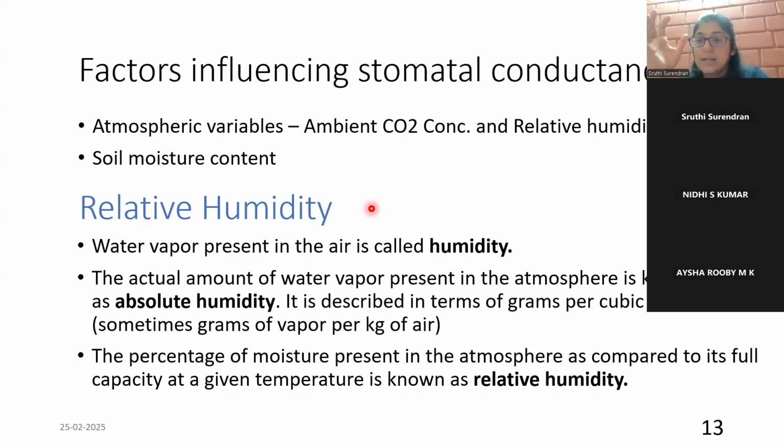When you consider an amount of air, the actual amount of water vapor present in the air is called the absolute humidity. Any actual value is always referred to as an absolute value. Similarly, whatever water vapor is present in the air is called the absolute humidity.